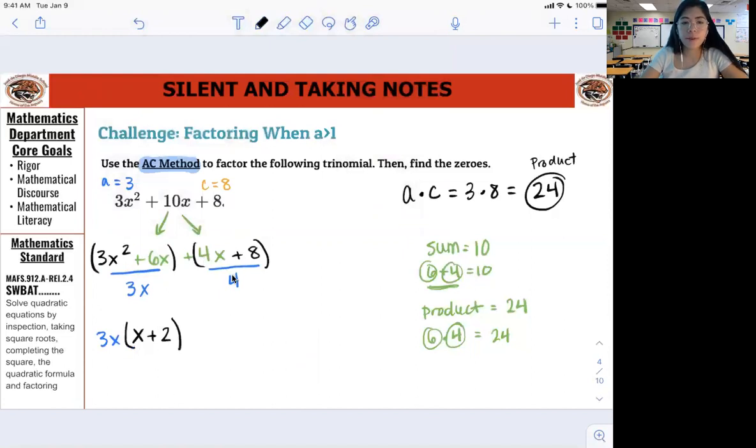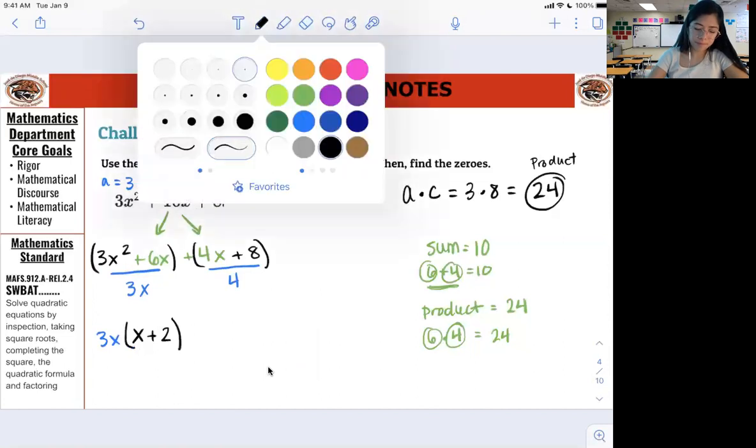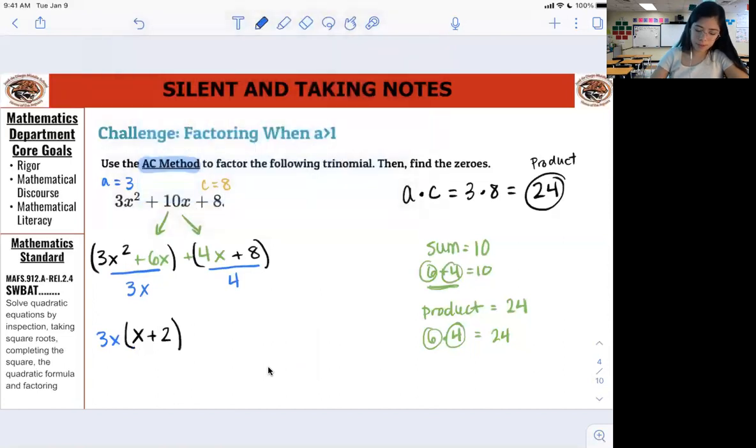Now here, 4x divided by 4. What does that leave me with? Oh, and don't forget the 4 in the front. Okay. Good. 4x divided by 4. My 4's cancel out, but I still am left with x. And then 8 divided by 4 is 2.